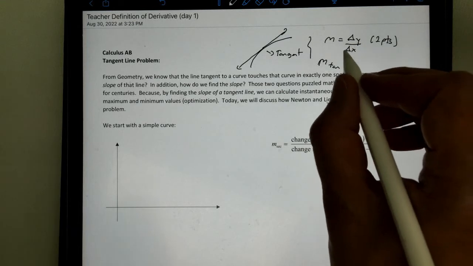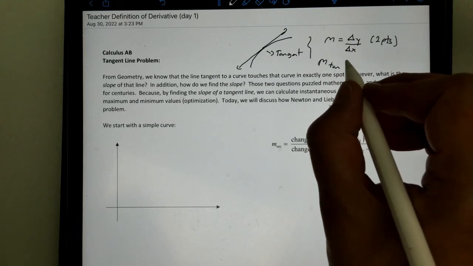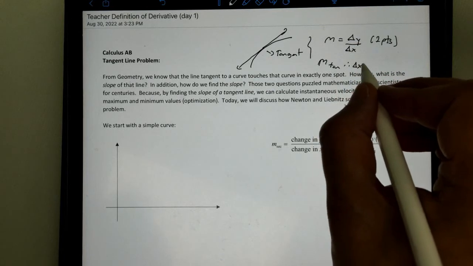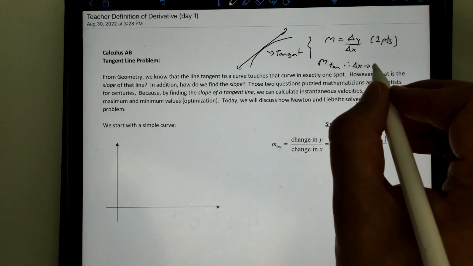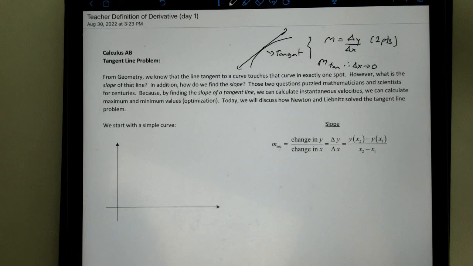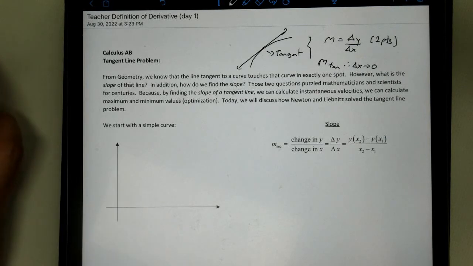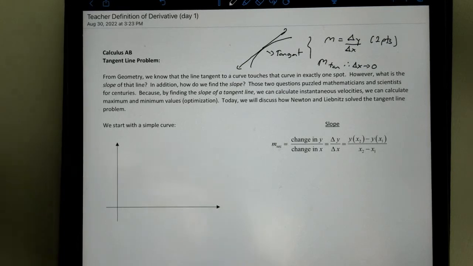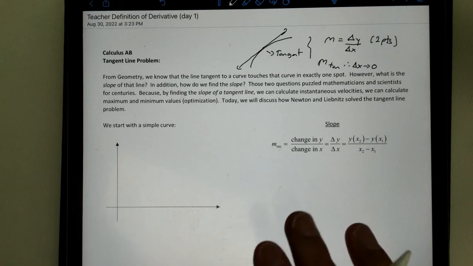So if I'm only looking at 1 point, my change in x, therefore, would become 0. And that's where the problem lies for us. So today, what we're going to find out is how Newton and another mathematician named Leibniz came up with the slope of a tangent line.